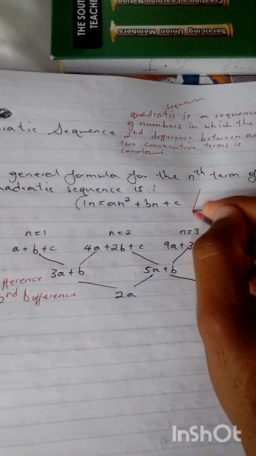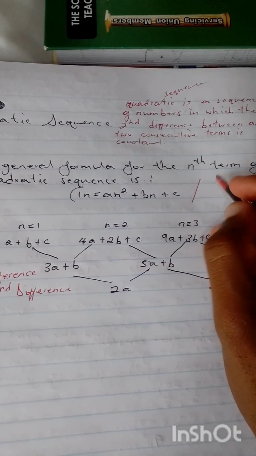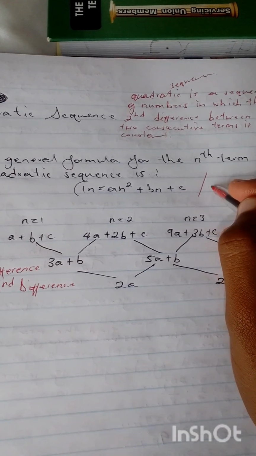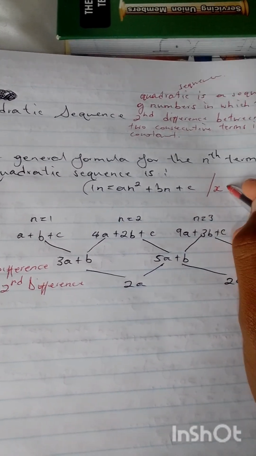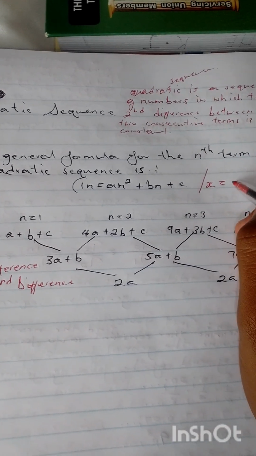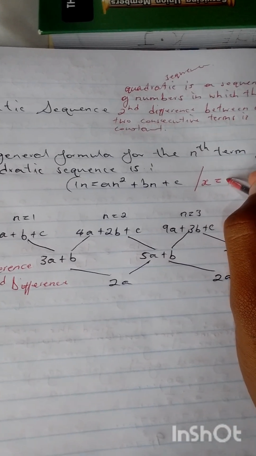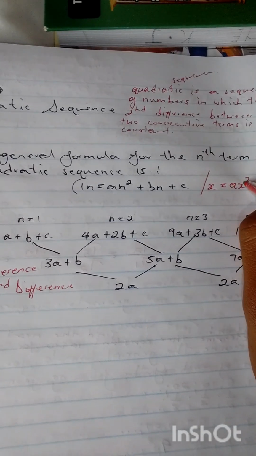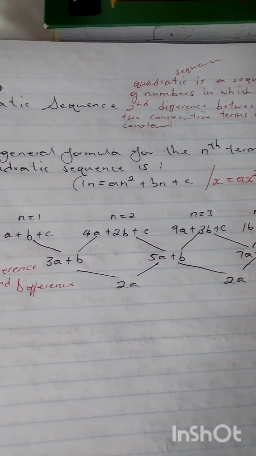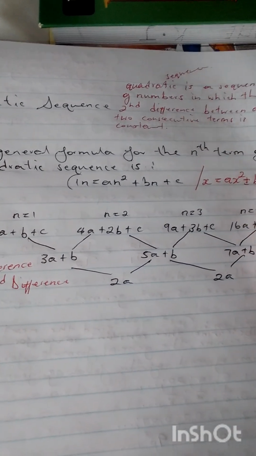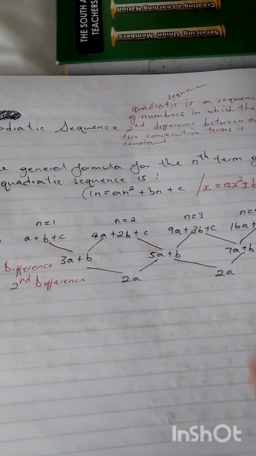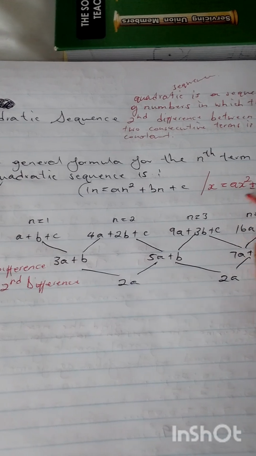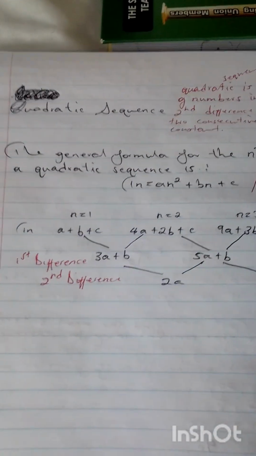You remember that, ladies and gentlemen, from grade 11, where we had something that looked like this: x equals ax squared plus or minus bx plus or minus c. You remember this from using the quadratic formula. So that is why this is called a quadratic sequence.